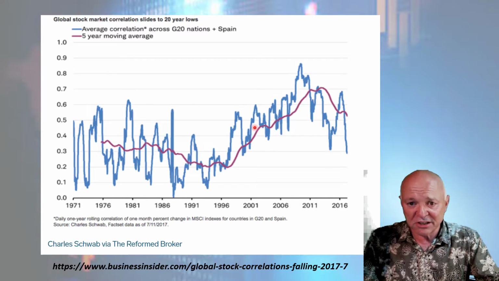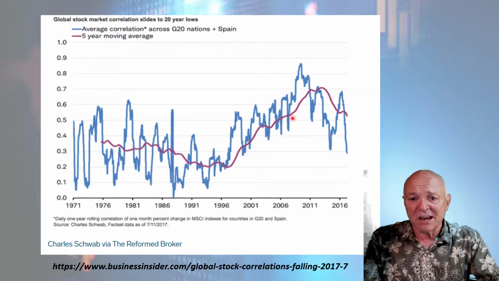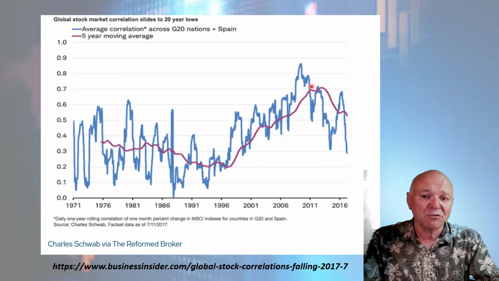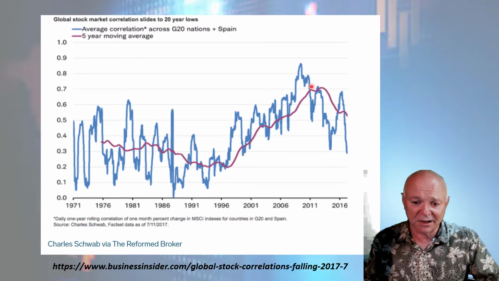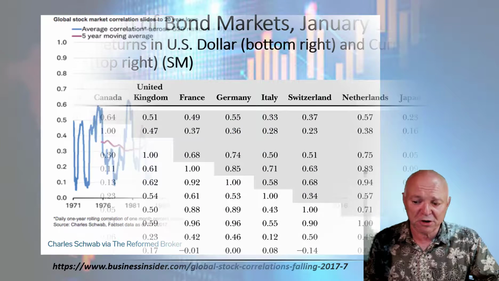But if we take a look at a longer-term moving average, a 5-year moving average, in order to smooth out some of those bumps, we see a general overall trend towards higher correlation at least during the years 2000, but perhaps that moving average is heading in the other direction, heading downwards. And remember, we want to see a low correlation coefficient in order to take best advantage of international markets.